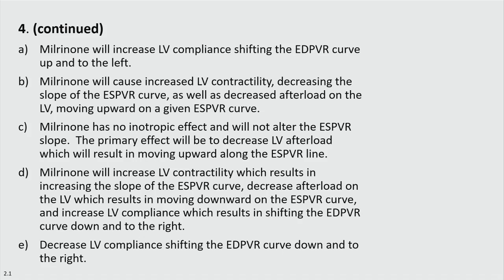D, milrinone will increase LV contractility, which results in increasing the slope of the end systolic pressure volume relationship curve, decrease afterload on the LV, which results in moving downward on the end systolic pressure volume relationship curve, and decrease LV compliance, which results in shifting the end diastolic pressure volume relationship curve down and to the right. And E, decreased LV compliance will be caused by milrinone, shifting the end diastolic pressure volume relationship curve down and to the right.